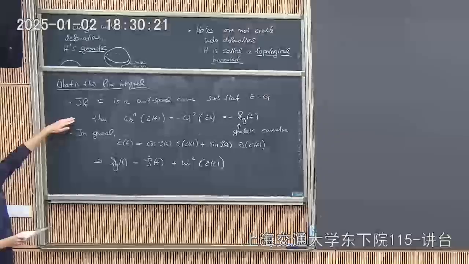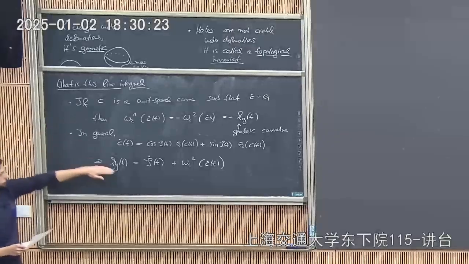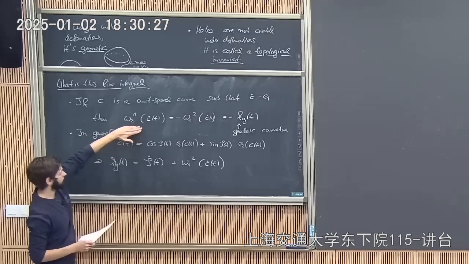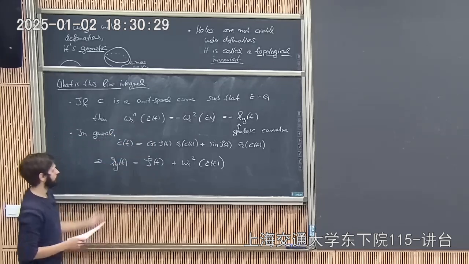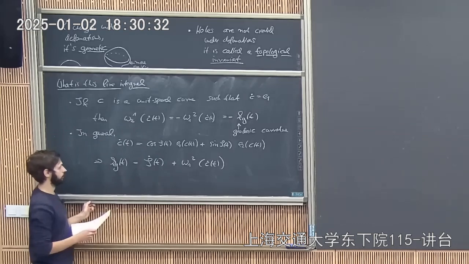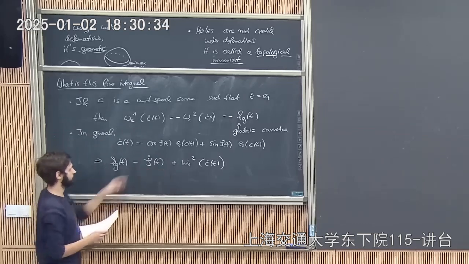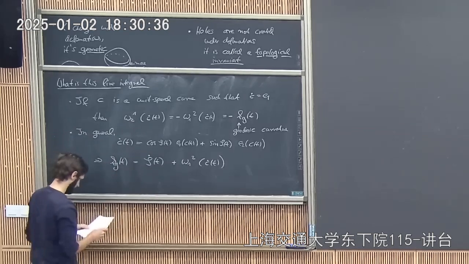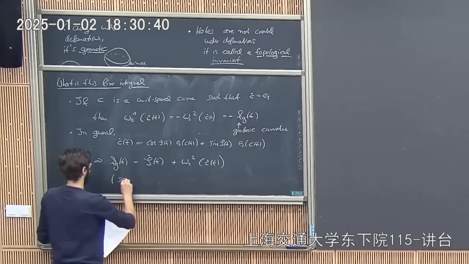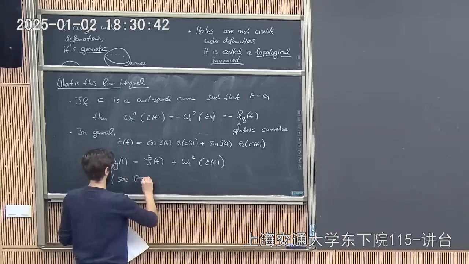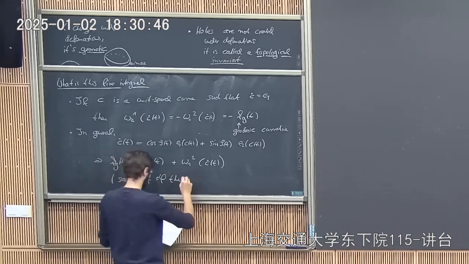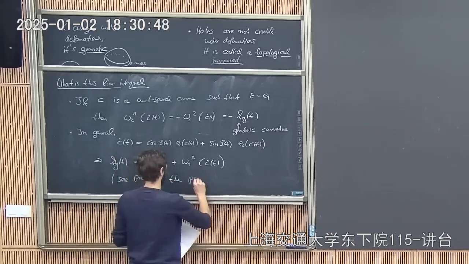So in the first case, phi of t is just constant, and we get back the formula from above. But in general, you get some correction term coming from the angle, and that's from the proof of the parallel transport.